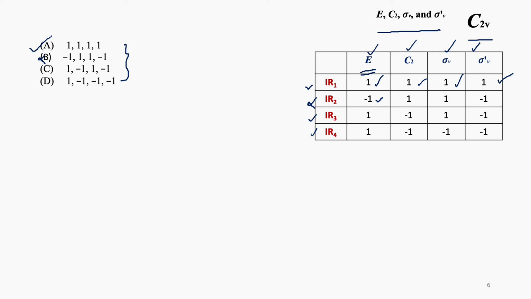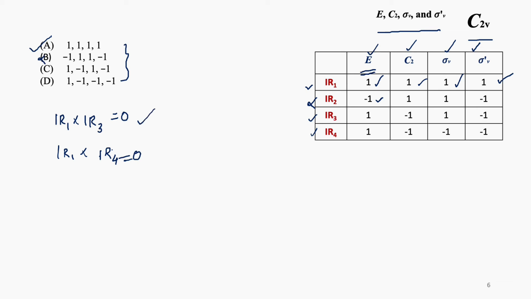And with respect to A, we can check whether C and D are correct or not, based on the orthogonality theorem, which states that each irreducible representation will be orthogonal to each other. So let's solve this. First we'll see IR1 and IR3.